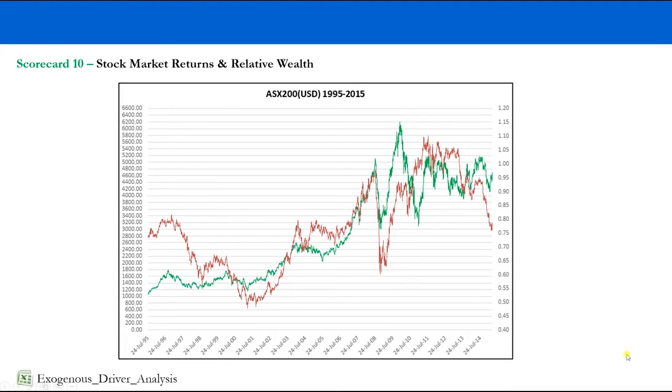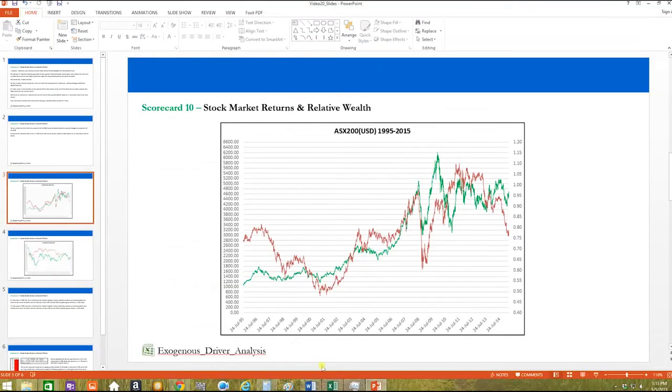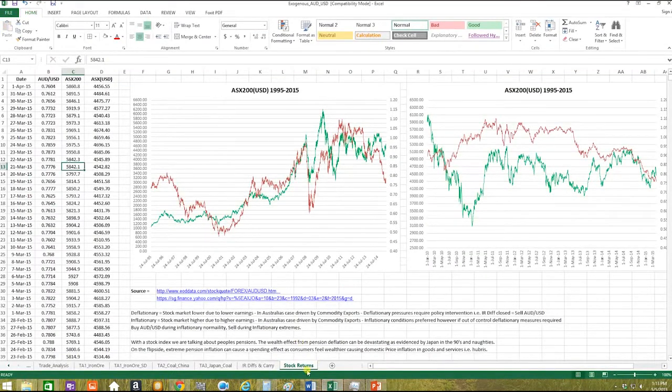So we can look at this a little bit closer if we go over to the exogenous driver analysis spreadsheet. And the tab that you're looking to go into is the stock returns file inside the exogenous spreadsheet.